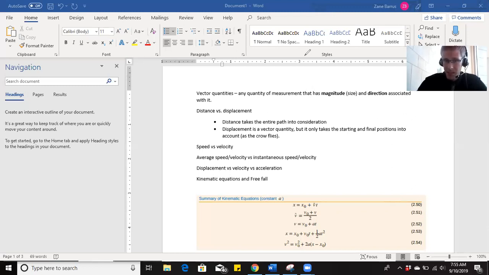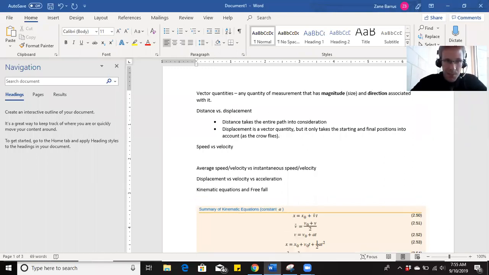So just keep that in mind. Distance is the total of your path taken, the total distance of the entire path. Displacement is the distance from starting point to finishing point as the crow flies.